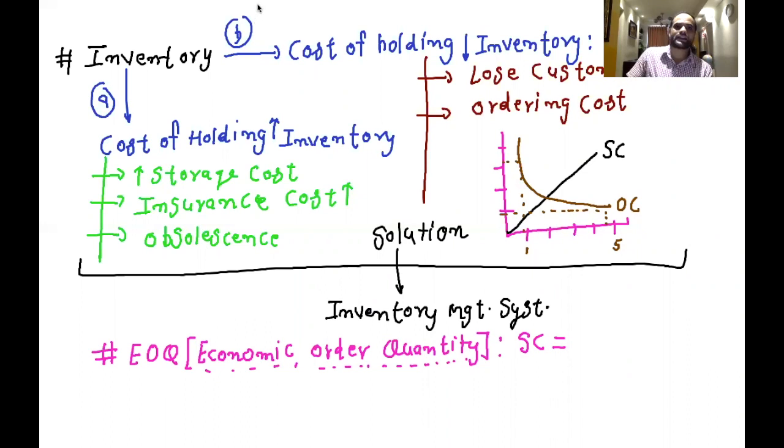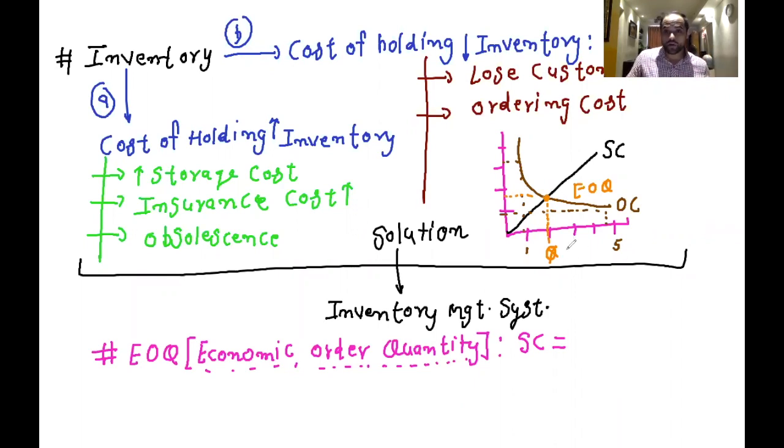So now what is economic order quantity? The point where these two kinds of cost meet each other. That's called EOQ. So what does it mean? If you order that quantity, that is the perfect quantity.